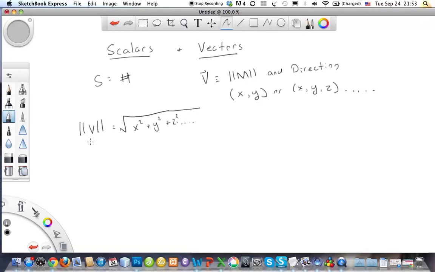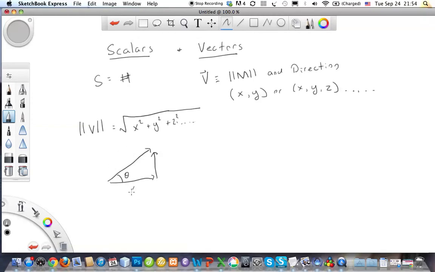The direction is calculated from the vector's x and y components.